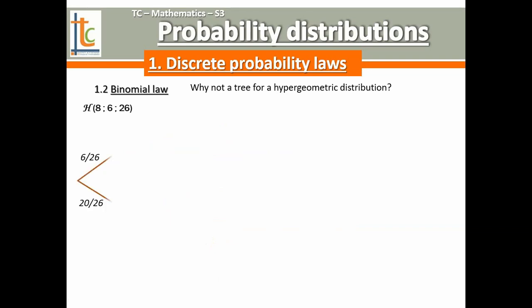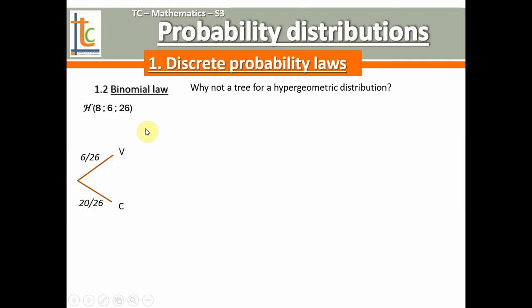In this hypergeometric distribution, for a vowel or consonant, taking 8 letters in the alphabet, you've got at the beginning 6 chances over 26 to pick a vowel and 20 over 26 to pick a consonant.